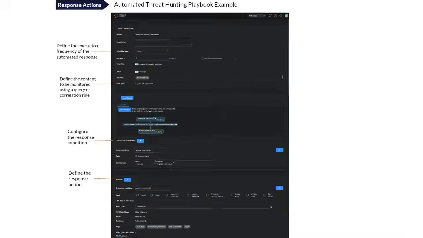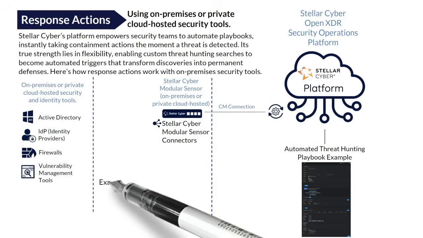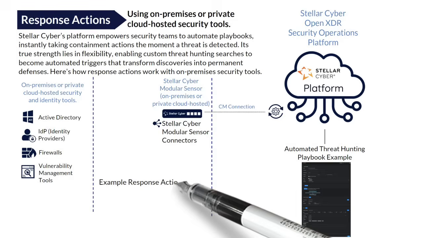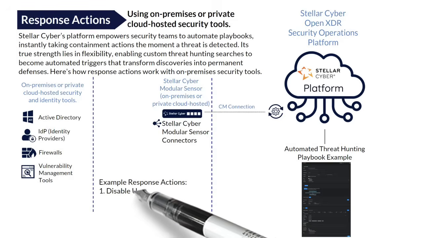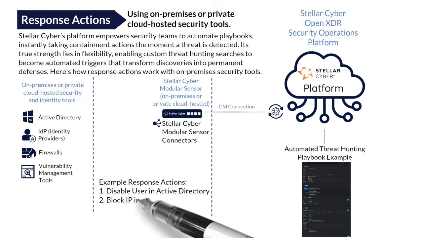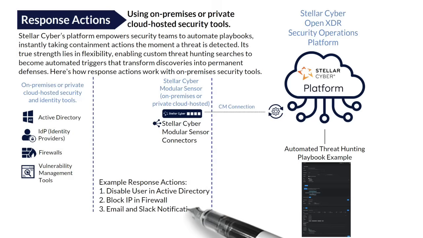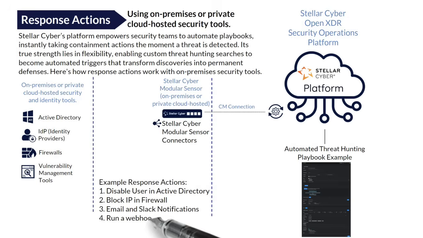Now that the playbook is configured, let's take a look at it in action. Here are some examples of response actions. Disable a user in Active Directory. Block an IP address in a firewall. Send an email or Slack notification. Run a webhook or script.